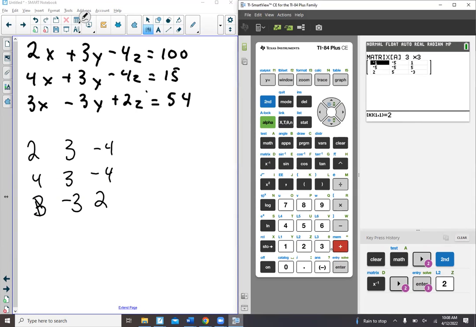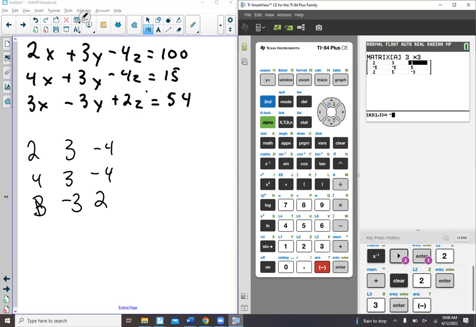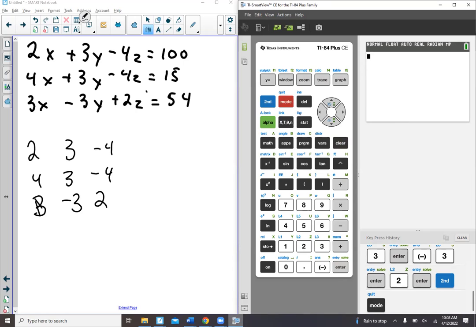So 2, and you just press enter, 3, enter. -4, remember, use the negative below the 3. Do not click the minus sign or it won't work. -4, 4. If you have an error, check your matrix in case that happens. -4, 3, -3, 2. So I put in that matrix. You could go second quit to get back to the normal screen.